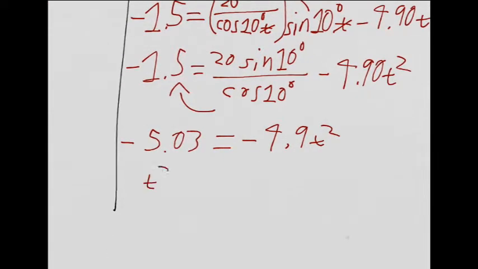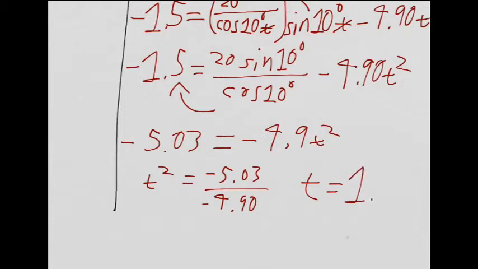T squared is negative 5.03 over negative 4.90. We square root both sides, and we end up with time being 1.0 seconds. That's the answer for time.